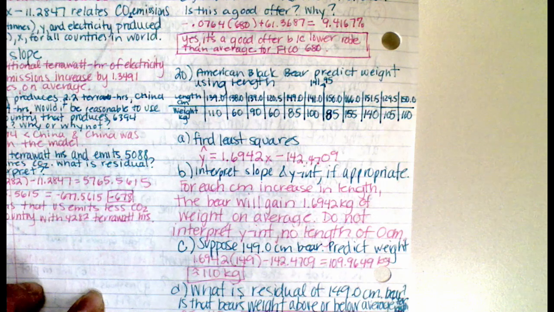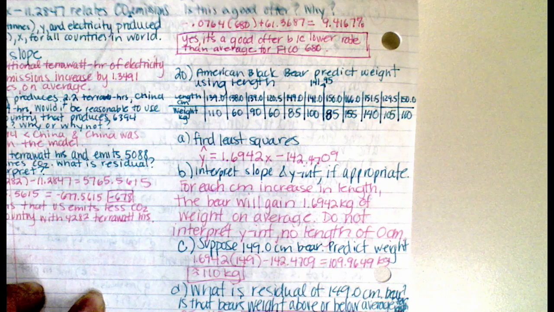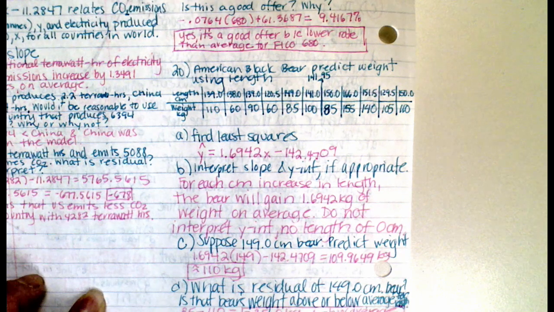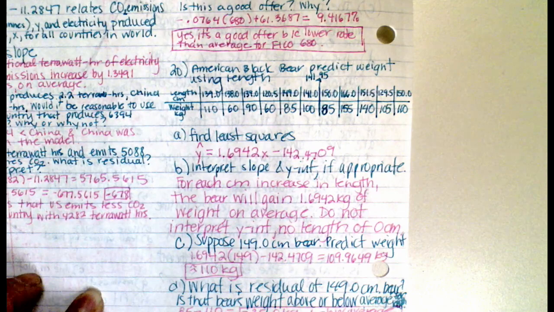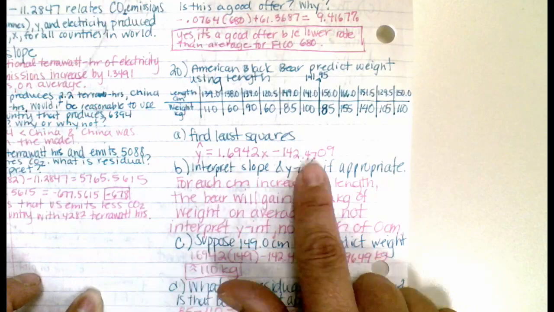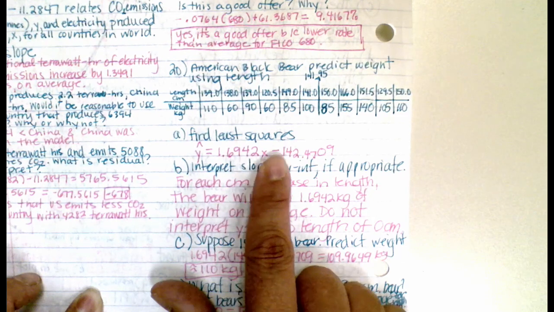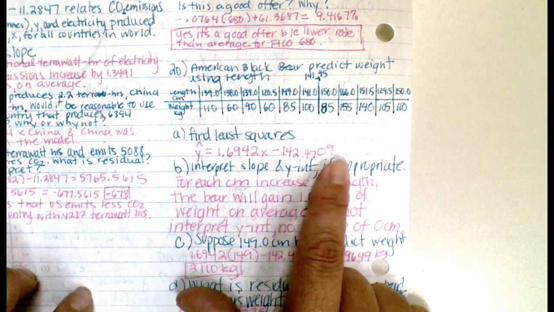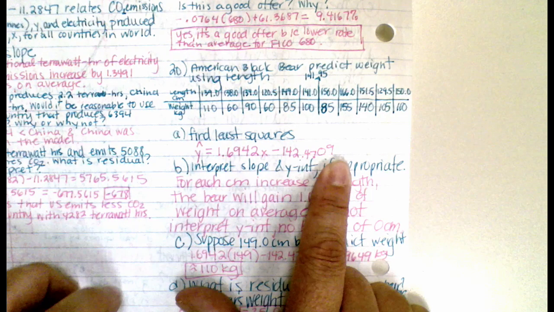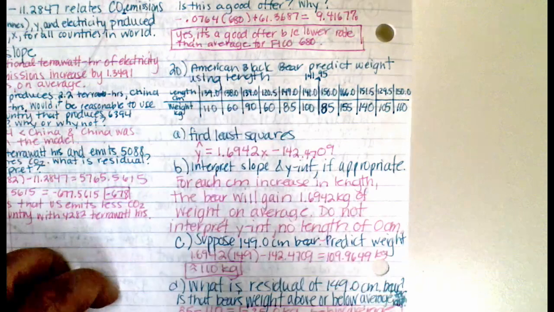It asks you to find the least squares regression line, treating total length as explanatory and weight as the response. I've written out the equation here that you get: 1.6942x minus 142.4709. This I pulled directly from StatCrunch.